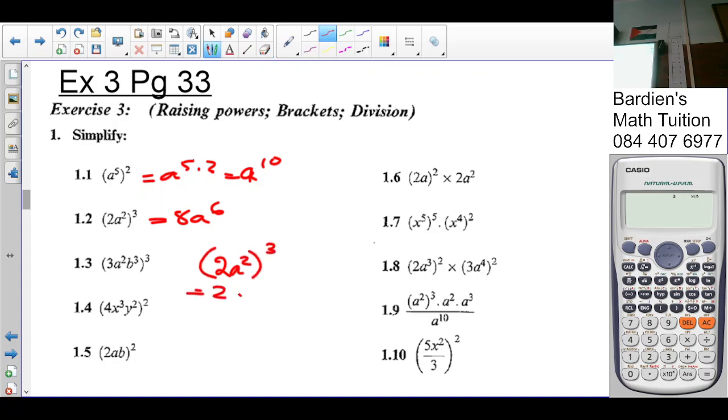That means 2a squared times 2a squared times 2a squared. What is 2 times 2? 4, times 2 is 8. A squared times a squared times a squared, you add the powers: a to the power 4 times a to the power 2 is a to the power 6, which makes that absolutely correct.